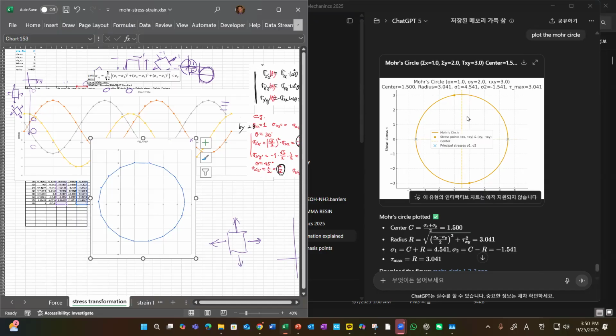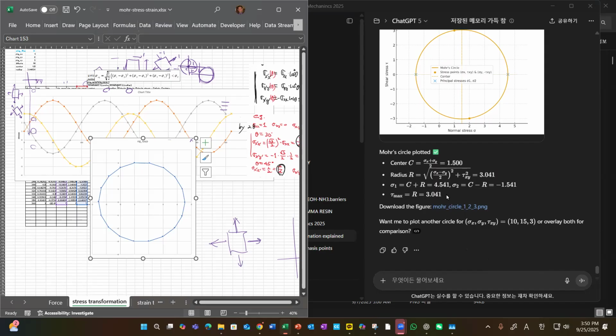Should be the same. Okay, so this is a Mohr circle, and you can plot and do anything you like. It gives us all the stresses. C plus R, they even use the same notation as we are using. C is the center and plus R. And probably ChatGPT is watching our class.